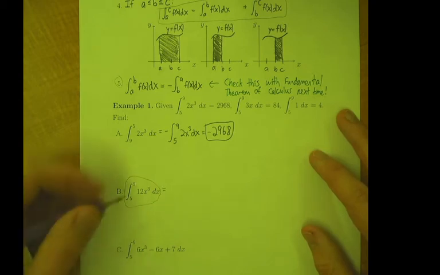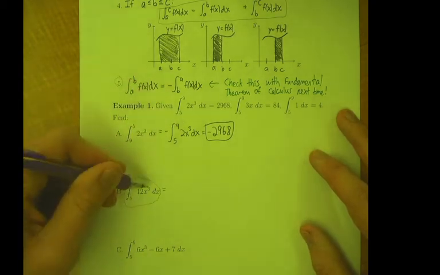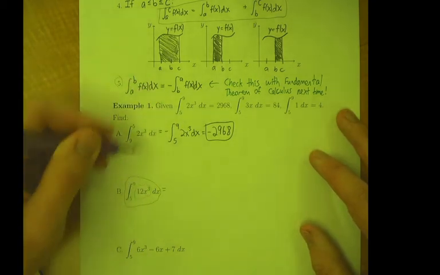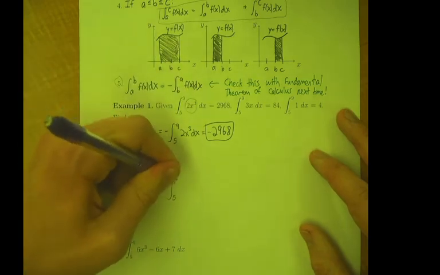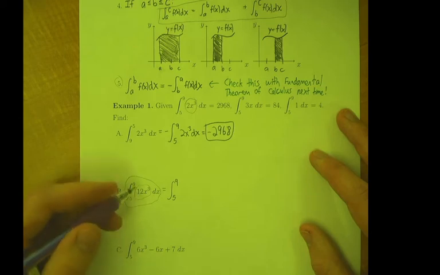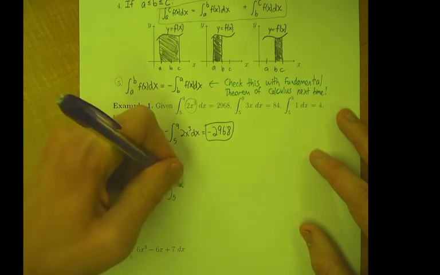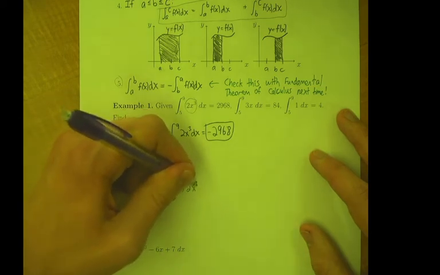Yes, because we don't have the integral of 12x cubed, but we do have that of 2x cubed. So if we take out a factor of 6 here, we have 6 times 2x cubed dx.